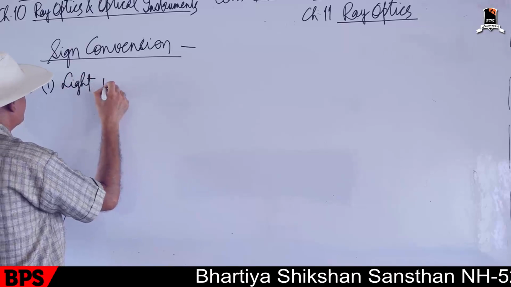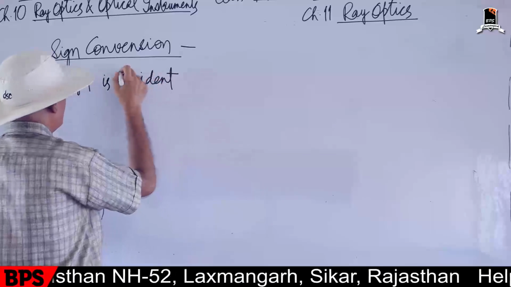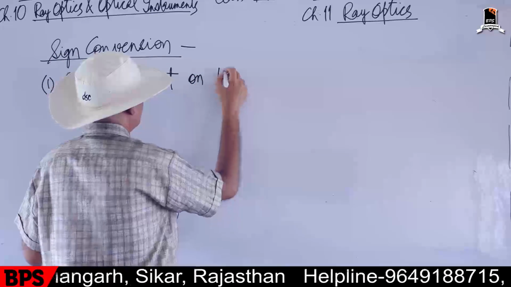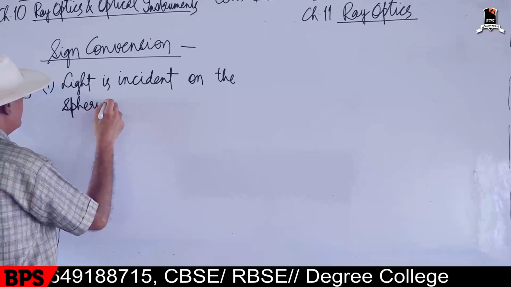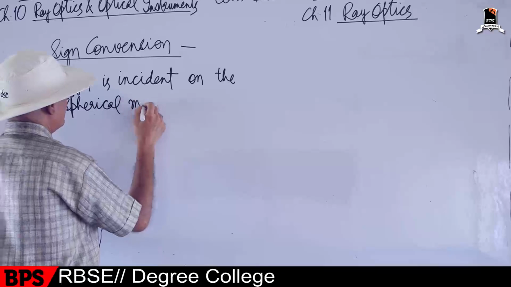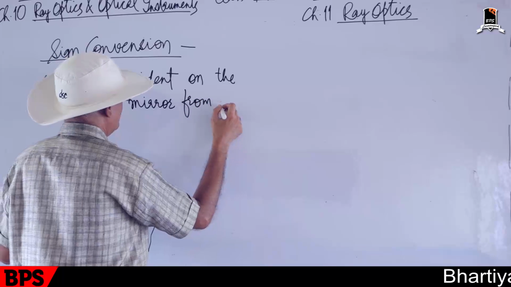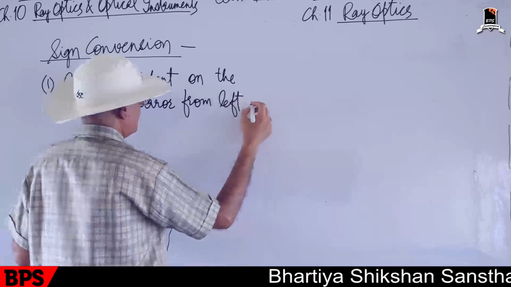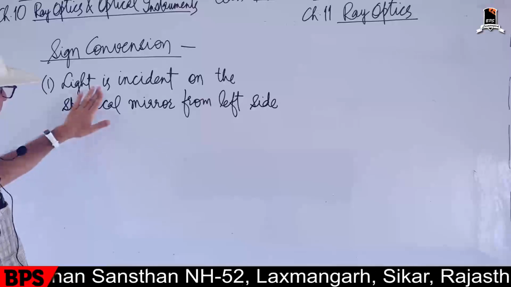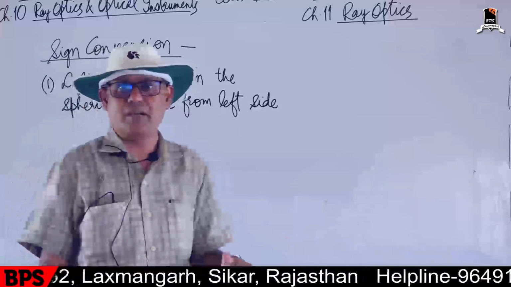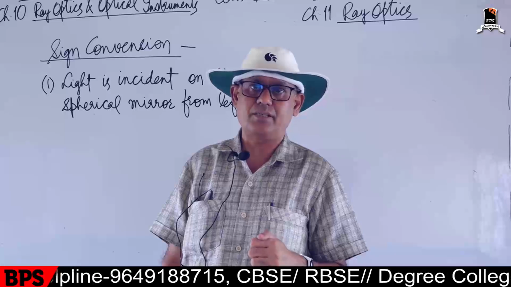So in this sign convention, first of all we will assume that light is incident on the spherical mirror from the left side. Means the light propagation direction is completely coinciding with the x-axis of the Cartesian coordinate system.